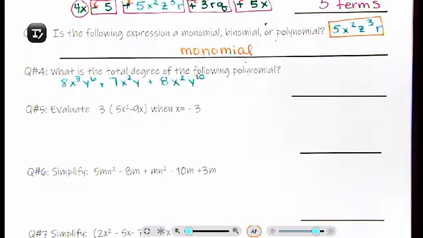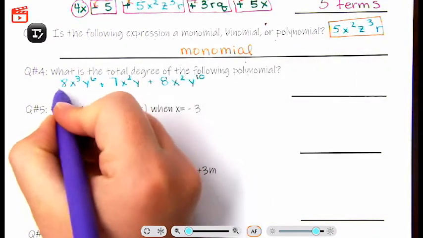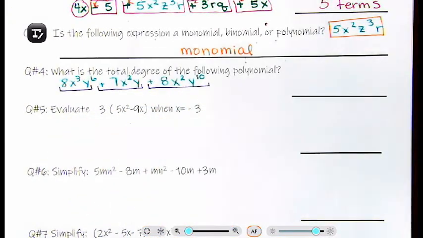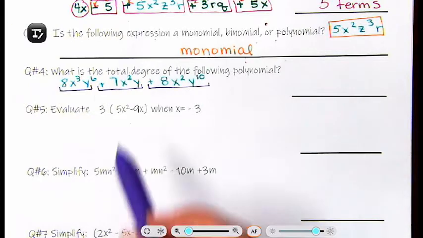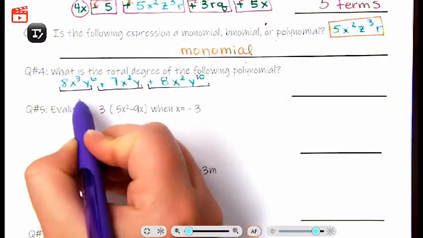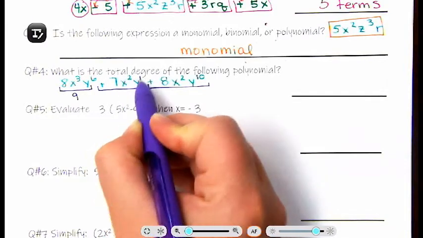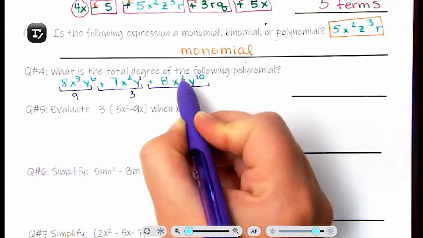Moving on to question number 4, what is the total degree of the following polynomial? So total degree, how you find that, it is the largest exponential value combined in a term, and I'll show you how to do that. So for this term here, and this term here, you're going to calculate what the exponential total value is. So I have 6, 7, 8, 9, 2, remember if there's nothing there, that's a 1, so 2, 3, 10, 11, 12.